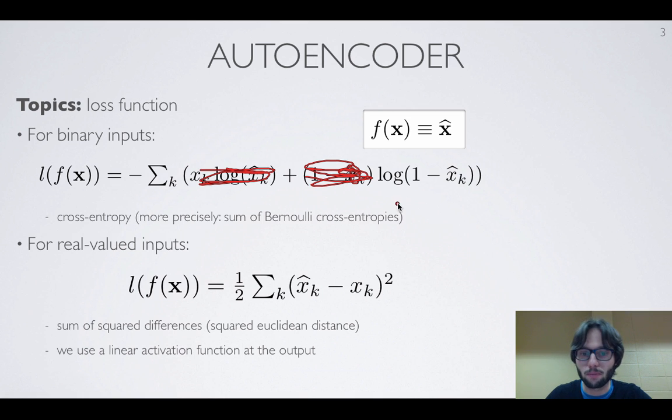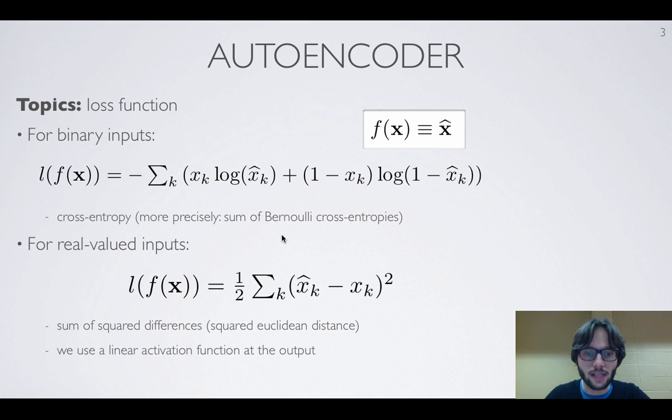That is, we'll try to push it closer to the actual value of xk. So you can see that this particular reconstruction function is actually well behaved. It's minimized if xk is equal to x hat k for all k's. If xk is either 0 or 1, it would be 0 if we had the perfect reconstruction.